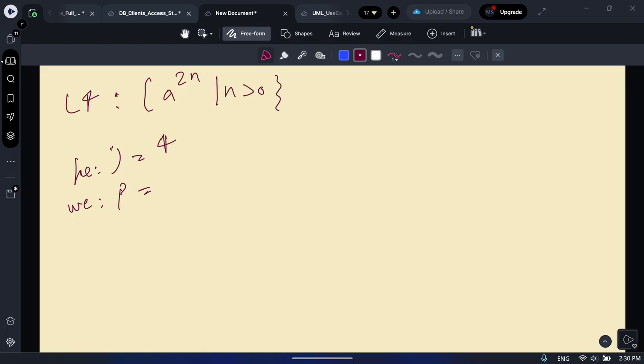So that length is 2 to the power 4, which is 16. And my string becomes P equals 16 A's. 1, 2, 3, 4, 5, 6, 7, 8, 9, 10, 11, 12, 13, 14, 15, 16.